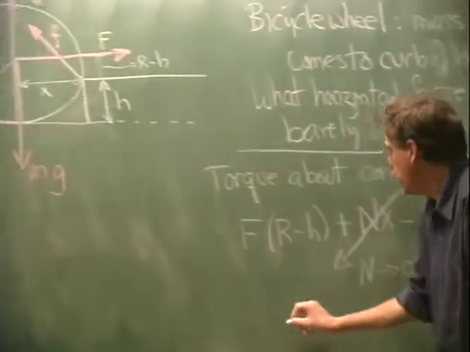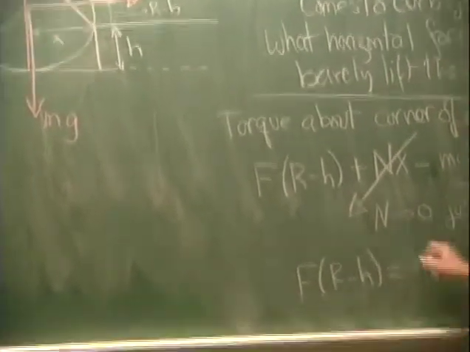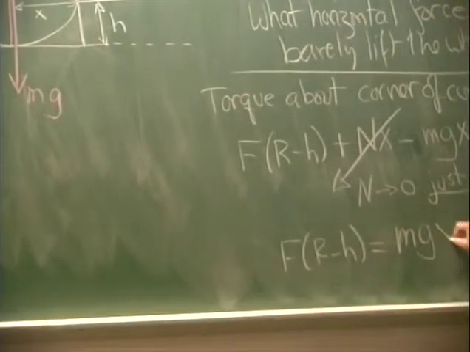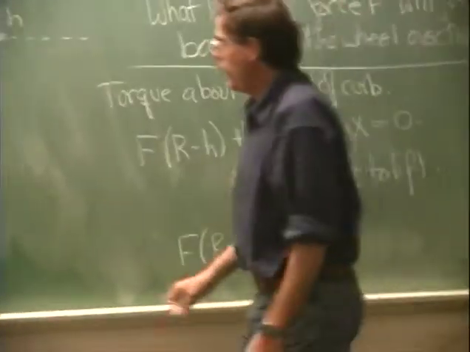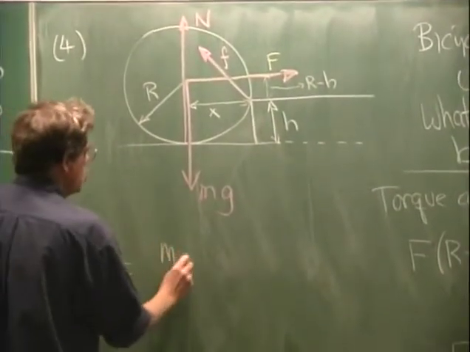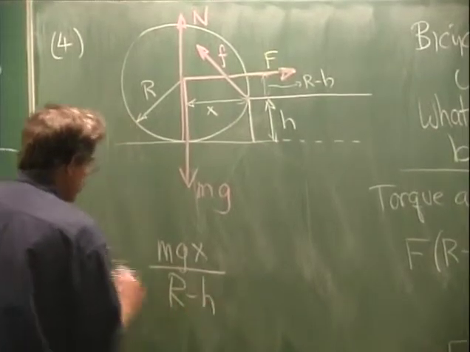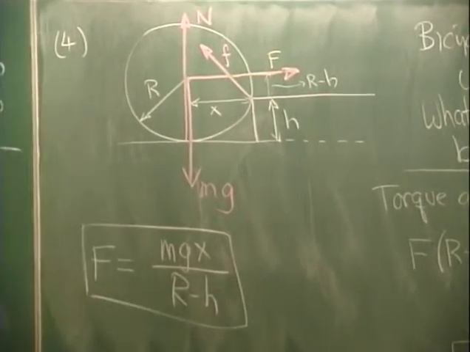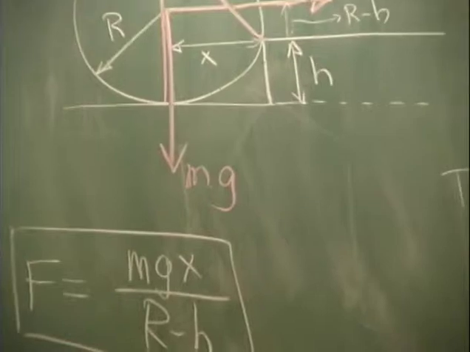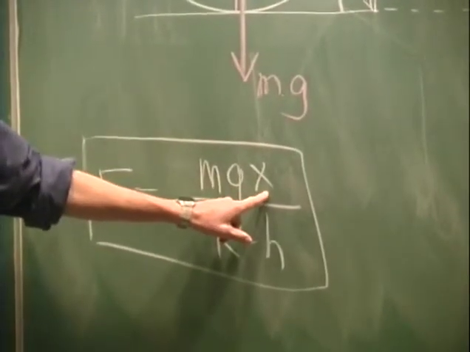That tells me then that F times R minus H had better be equal to mg times x, or F, the thing I'm looking for, is equal to mgx divided by R minus H. There's the answer, except I don't know what x is.